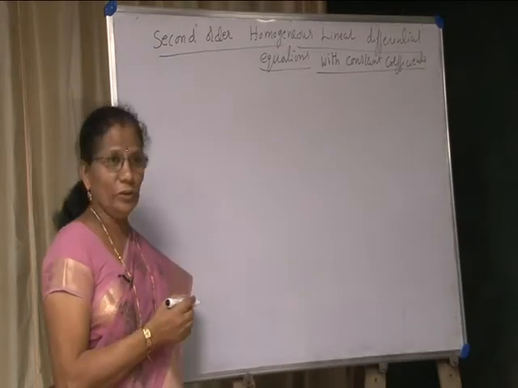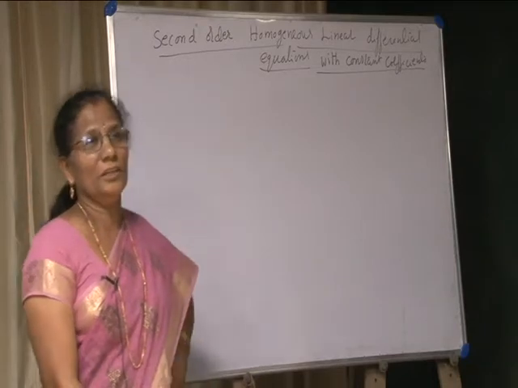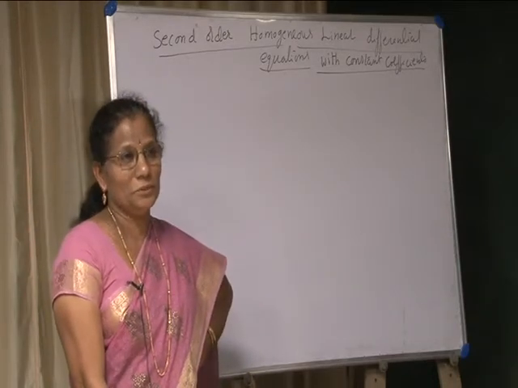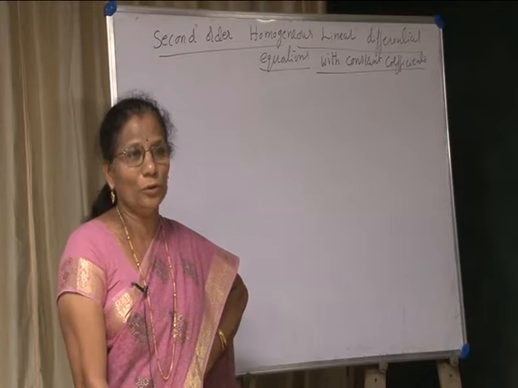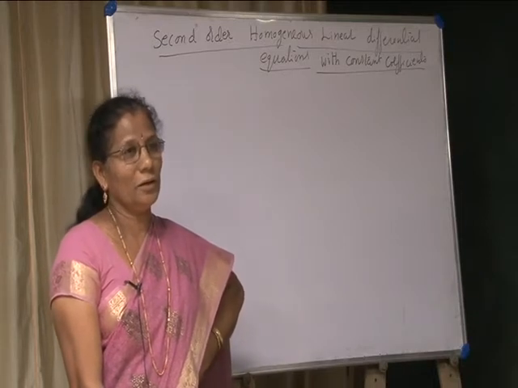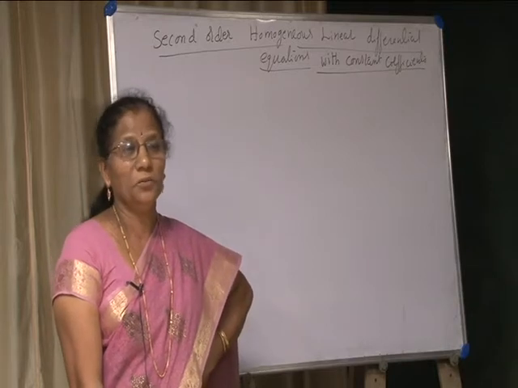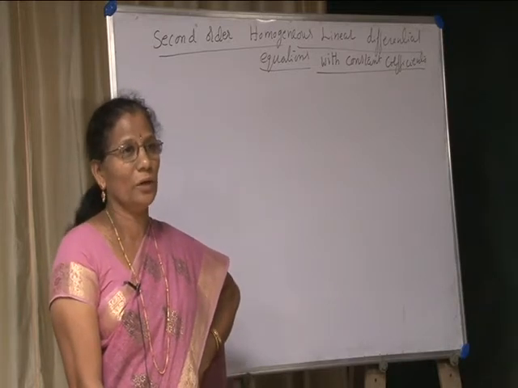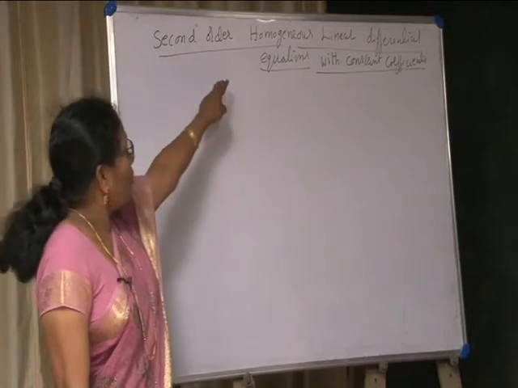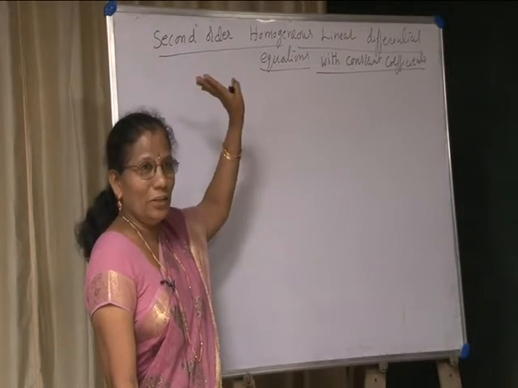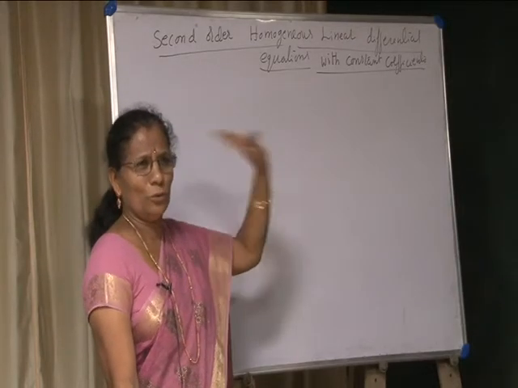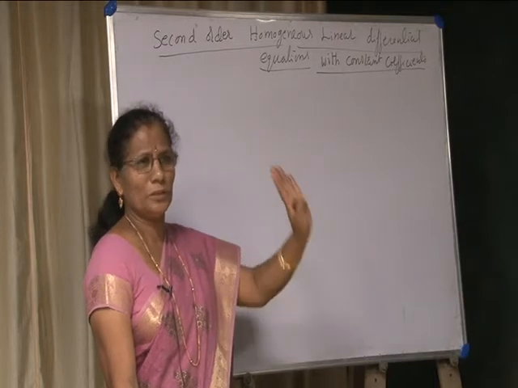Second order, we know it very well: in that equation, d squared y by dx squared must be present. Then only are we going to call it a second order differential equation. That means d squared y by dx squared is the highest order of the differential equation. For a homogeneous equation, the equation must be equal to 0, not equal to some other function.